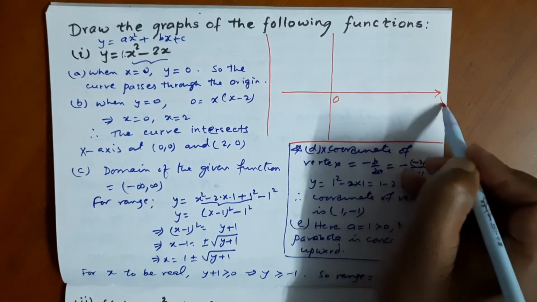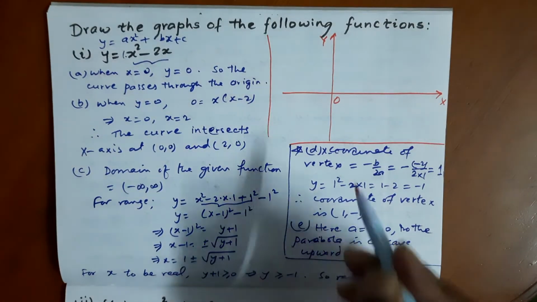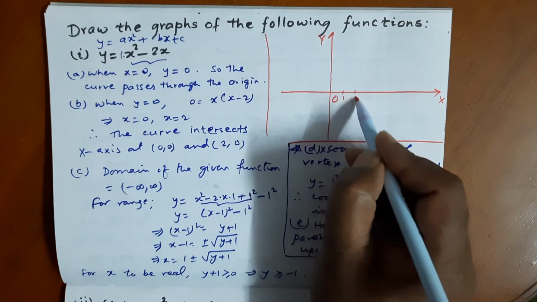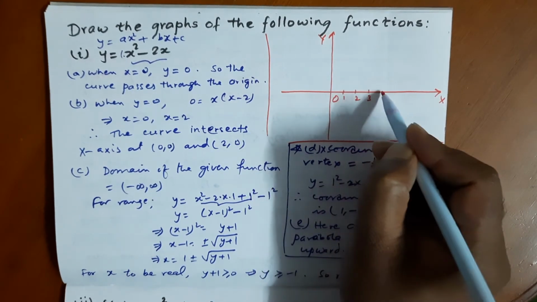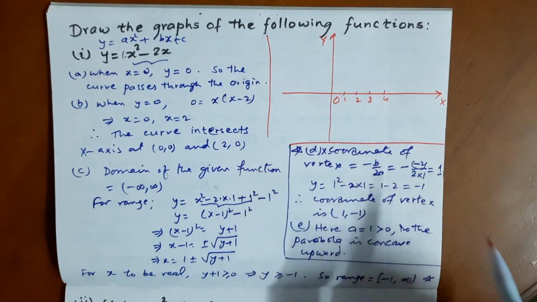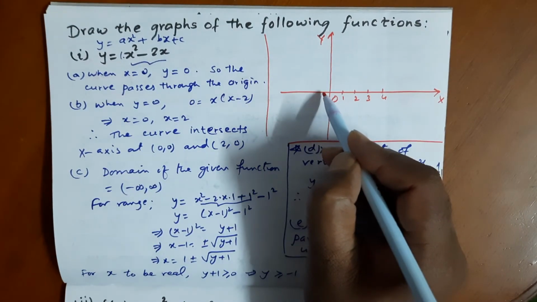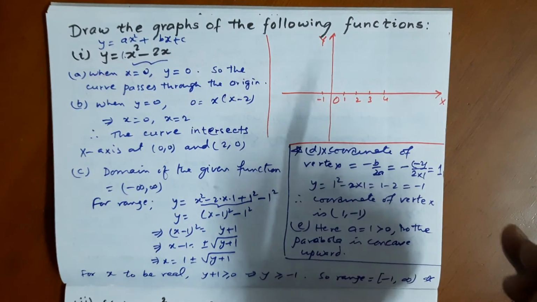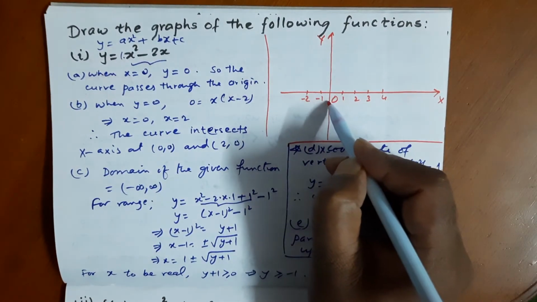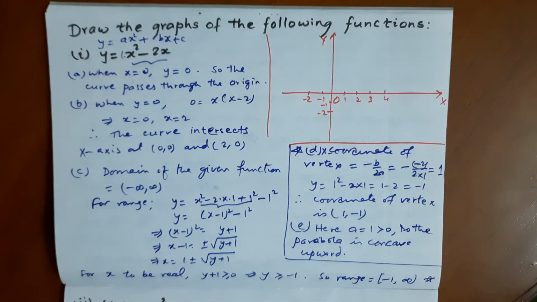Origin, x-axis, y-axis, here 1, 2, 3, 4, and here minus 1, minus 2, and then here also minus 1, minus 2 we can write.